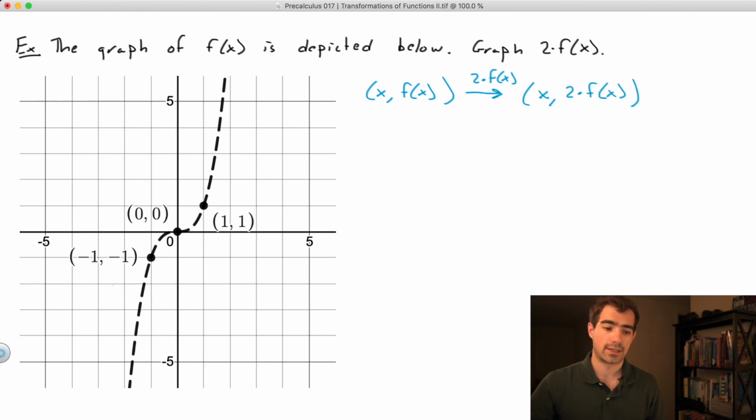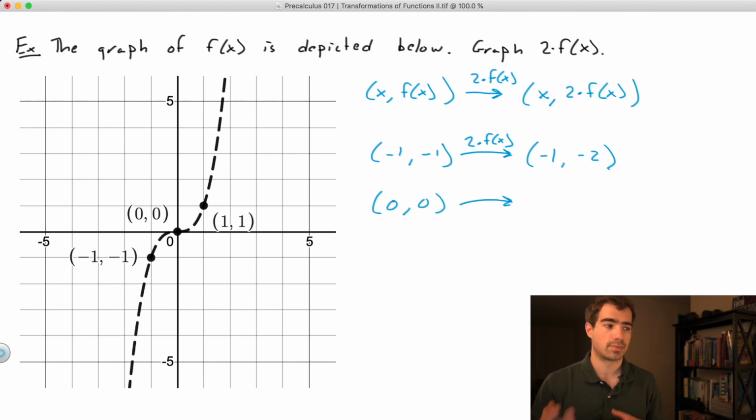And so with the coordinates that were given here, we could look at -1 comma -1, for instance, and transform that by a vertical stretch of a factor of 2, giving us -1 comma 2 times -1, or -2. We could look at 0, 0, which with a multiplicative factor, like multiplying by 2, isn't going to change, and so that stays as 0, 0.